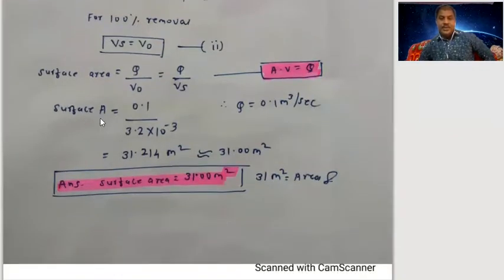Then surface area equals Q, that is 0.1, divided by the settling velocity, 3.2 into 10 to the minus 3. By solving the equation, you get the surface area equal to 31.214 square meter, approximately 31.0 square meter. Hence, surface area equals 31 square meter. That is the answer.